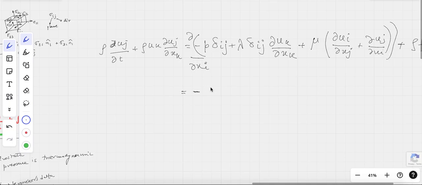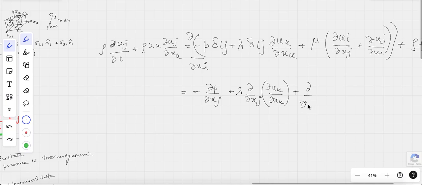This will become minus dp by dxj plus lambda d by dxj of duk by dxk plus mu, sorry, d by dxi.